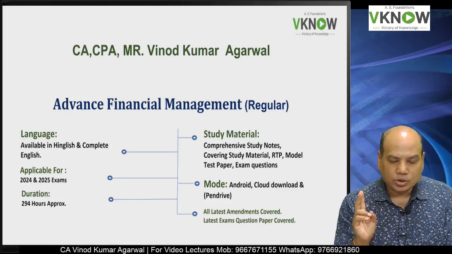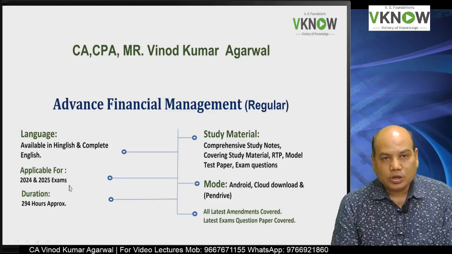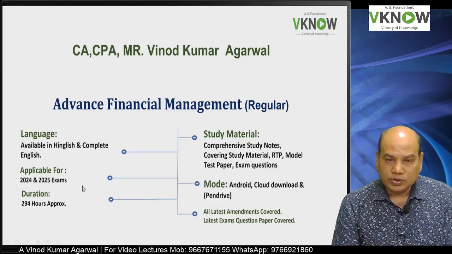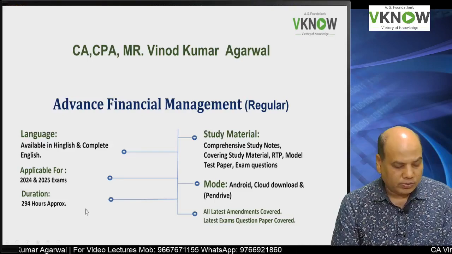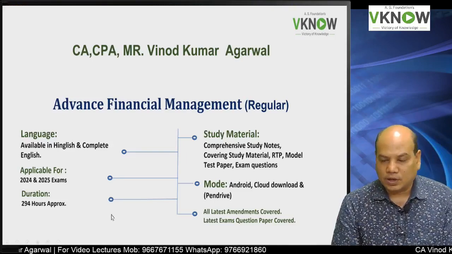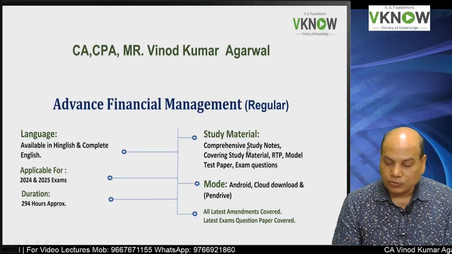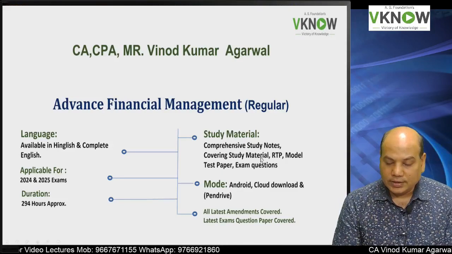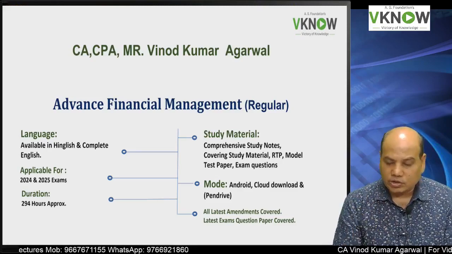There are 2 options. You can purchase in Hindi or English, applicable for 2024, 2025 and onwards exams. The duration is approximately 90 to 95 hours. Study material: you will get class notes in 2 volumes, one MCQ question book, and a summary chart.